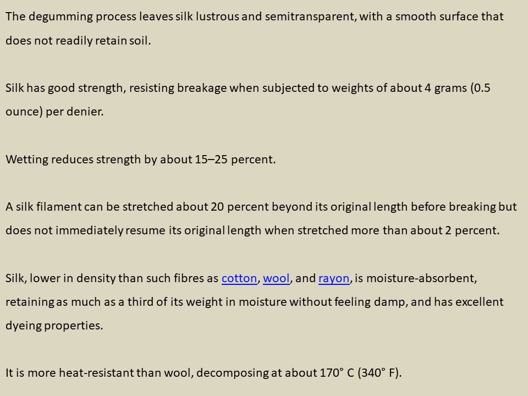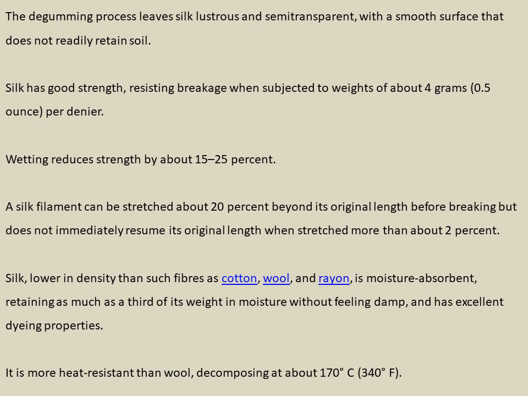The degumming process leaves silk lustrous and semi-transparent with a smooth surface that does not readily retain soil. Silk has good strength, resisting breakage when subjected to weights of about 4 grams per denier. Wetting reduces strength by about 15 to 25%. A silk filament can be stretched about 20% beyond its original length before breaking but does not immediately resume its original length when stretched more than about 2%.